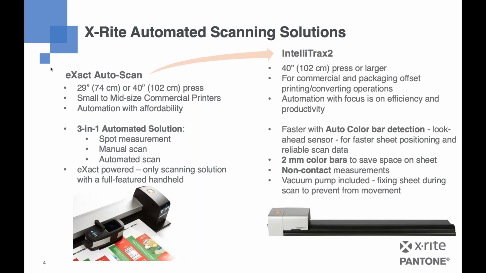And then besides that, since many years, and probably the instrument with the biggest installed base, is the IntelliTrax 2 system, where we get a lot of very good feedback. This is the fully automated solution, and the focus with this one is on efficiency and productivity. So this has special things like automated color bar detection.